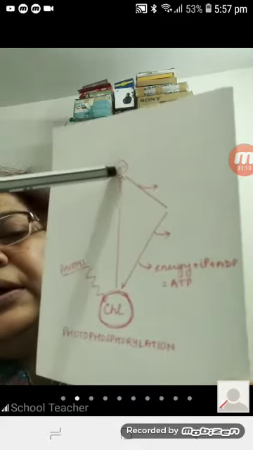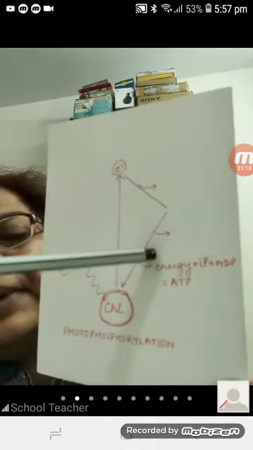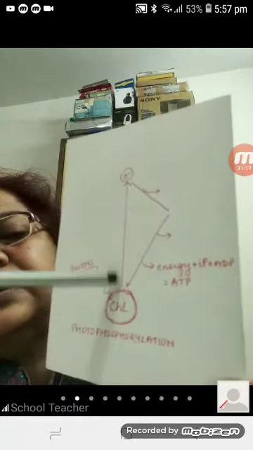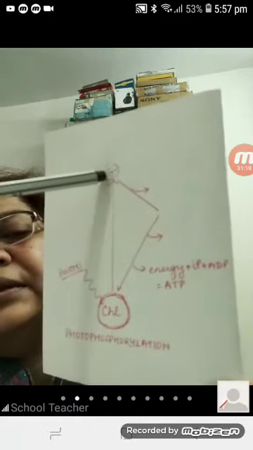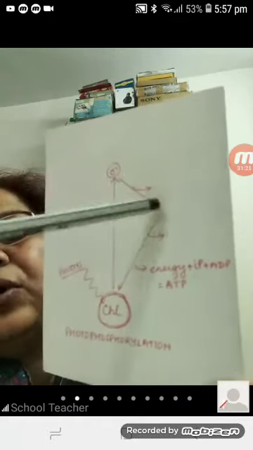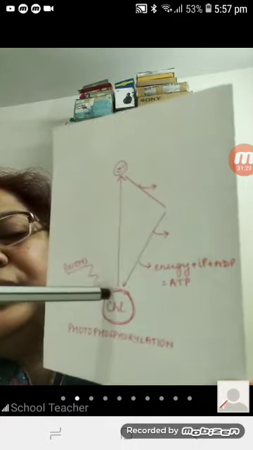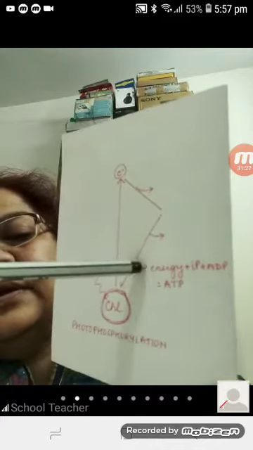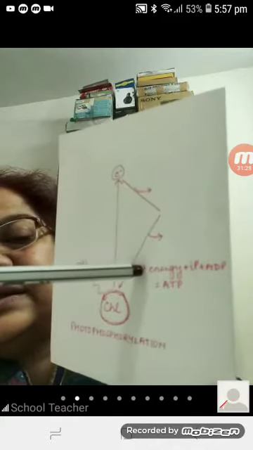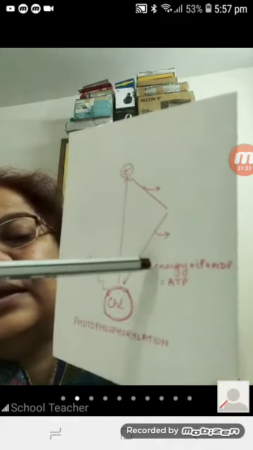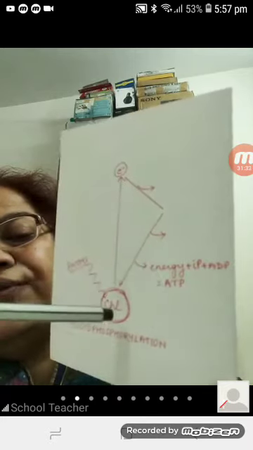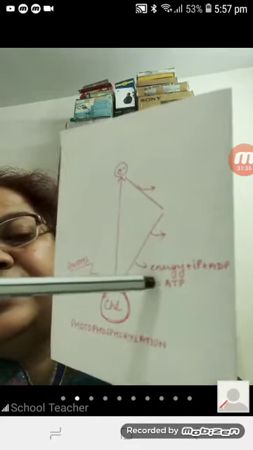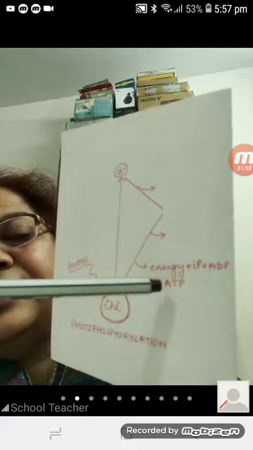Now from here, the electron has to come back to its original state. When this electron comes back to its original state, the energy is liberated. This energy is utilized by the chlorophyll molecule to synthesize ATP.